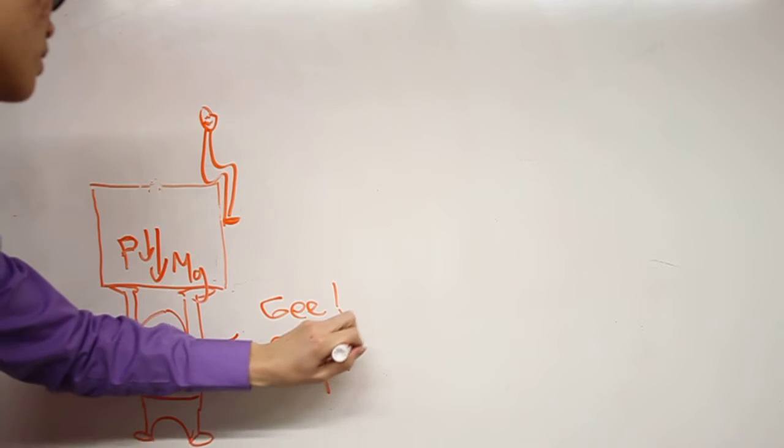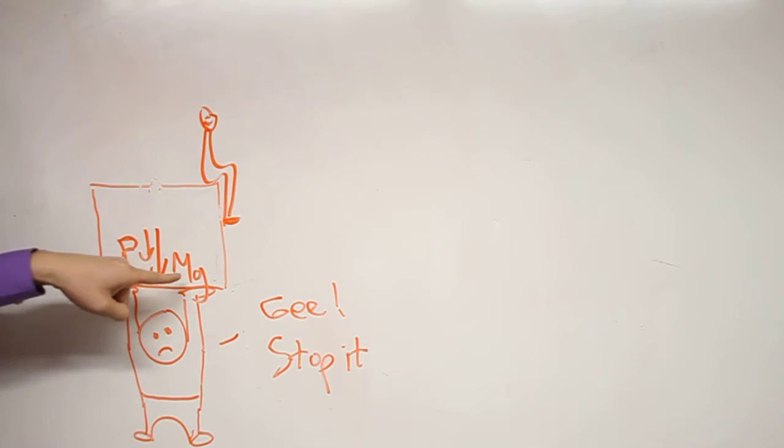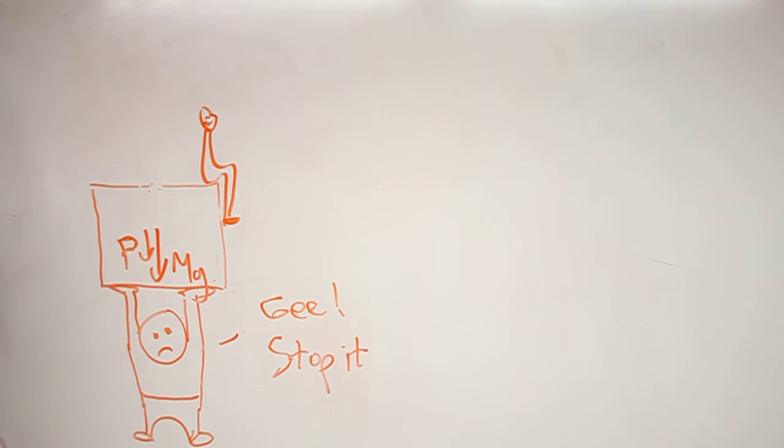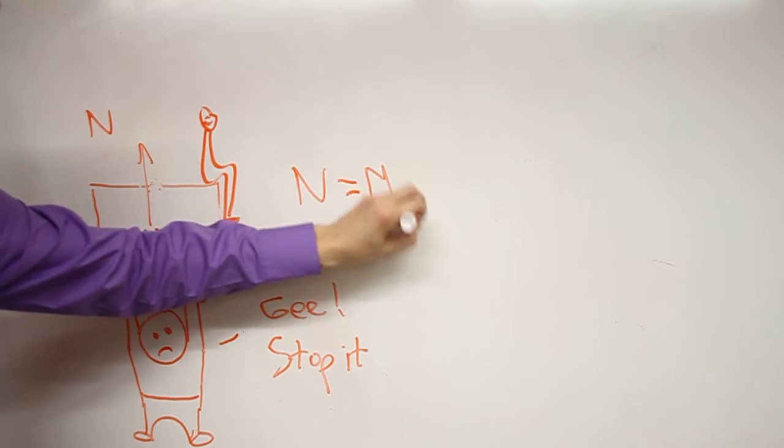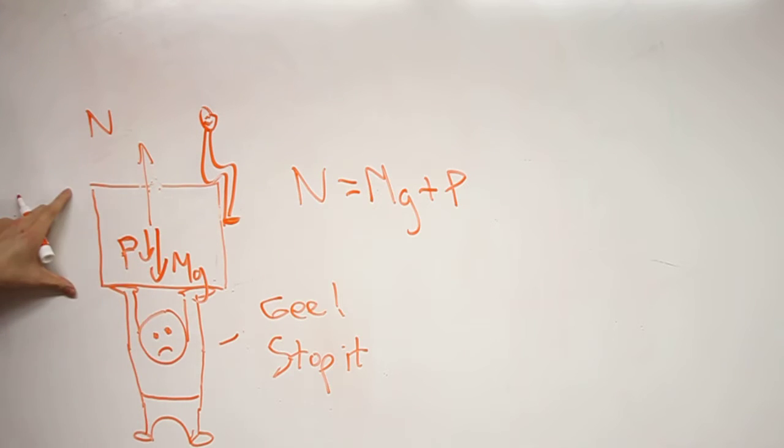He's pushing harder because he now has to account for not only the weight of the box but also this extra force. So now his N that he pushes up with is going to be more than mg. It's going to be actually mg plus P, because his job, remember, is to keep this box from moving. So if there's extra force down, he's got to supply extra force up.